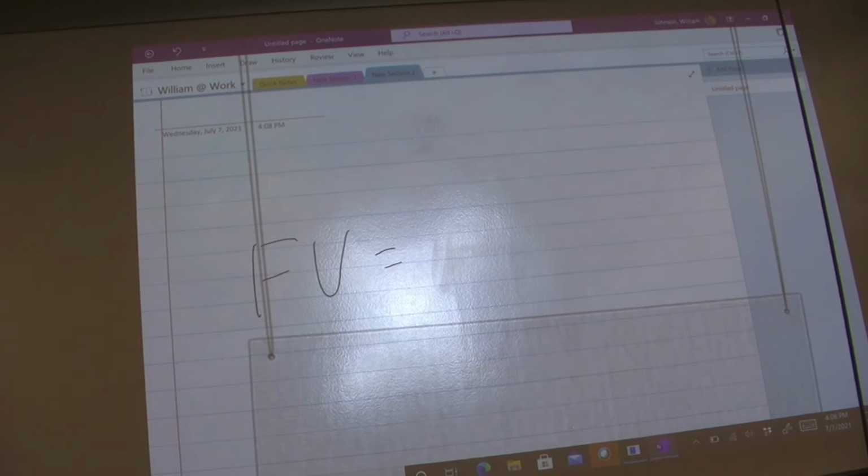Future value equals 1 plus r to the n times present value.